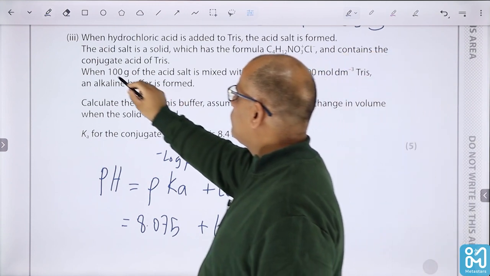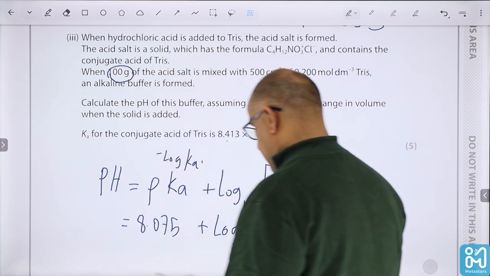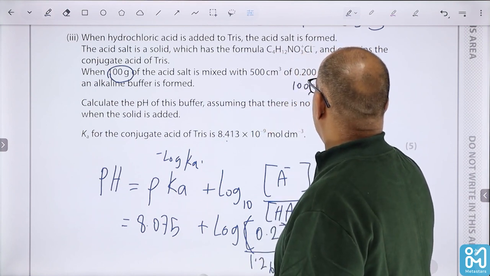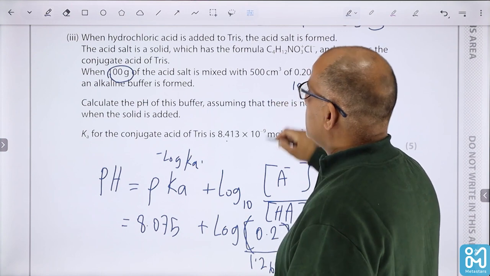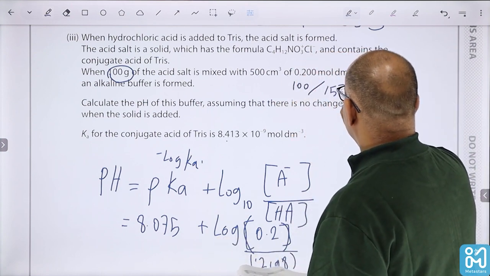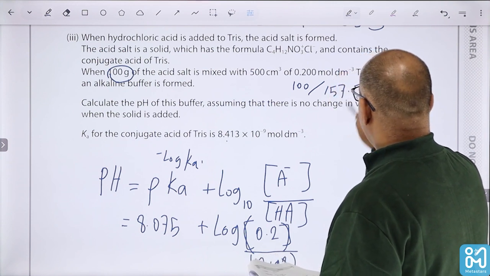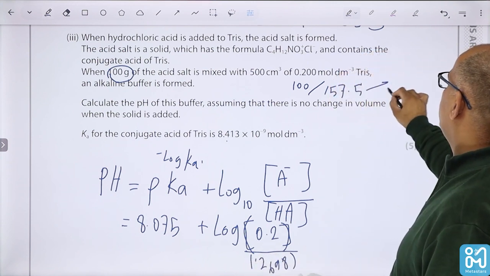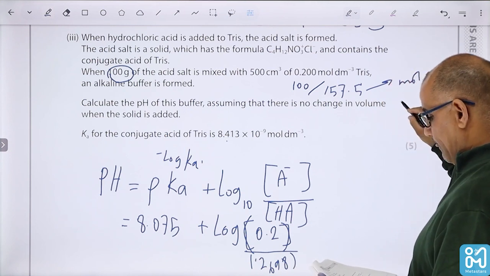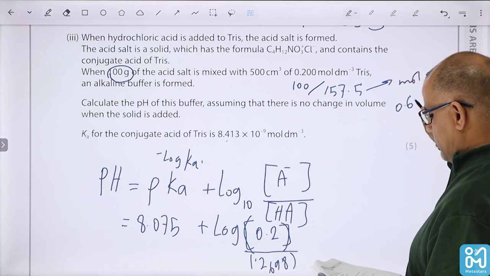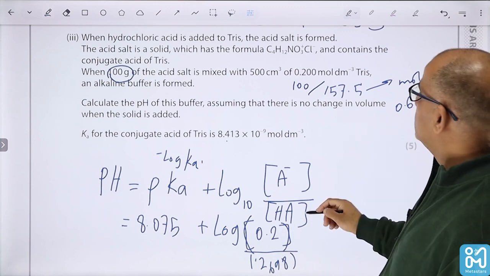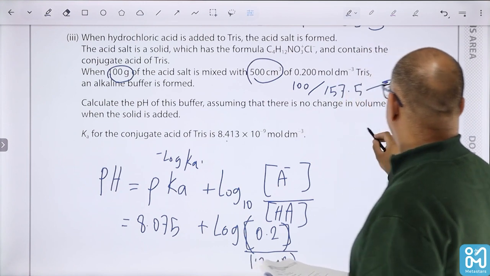First of all, you can find the number of moles in 100 grams, which is the mass over the molar mass, 157.5. That's the molar mass. You find the moles, and the moles is around 0.6349. Then you divide over the volume.